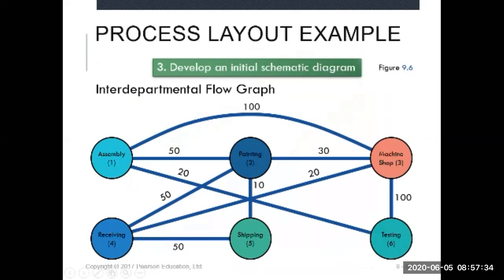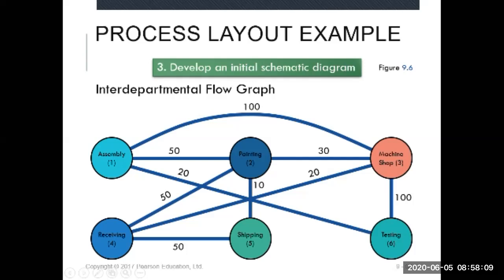So to move from the assembly department to the painting department, the cost is 50. Assembly department to machine shop department, the cost to move is 100. The cost to move between the painting department and the machine shop department is 30. From receiving to painting, the cost to move is 50.